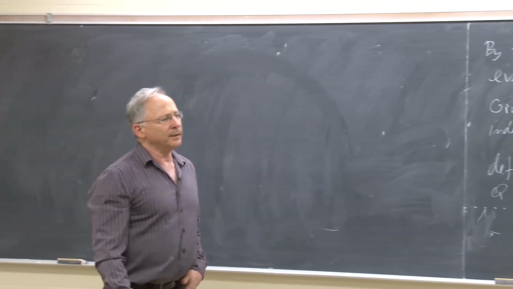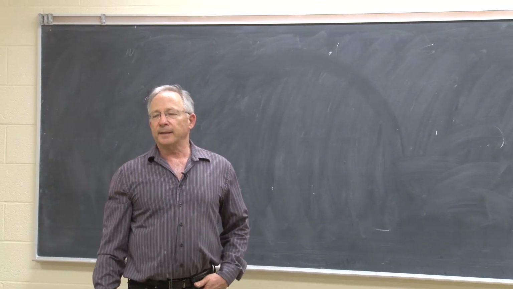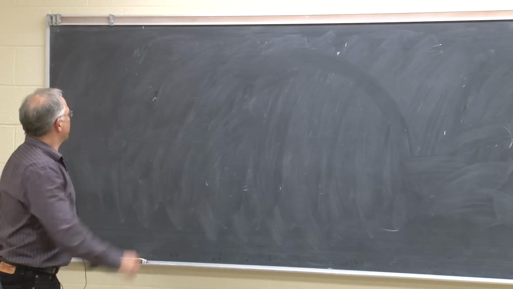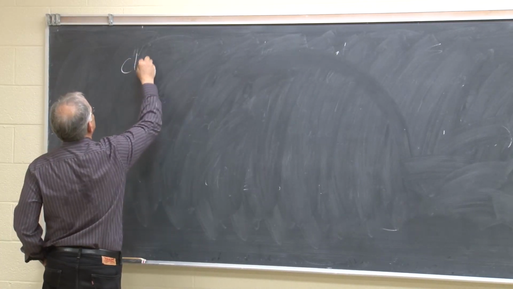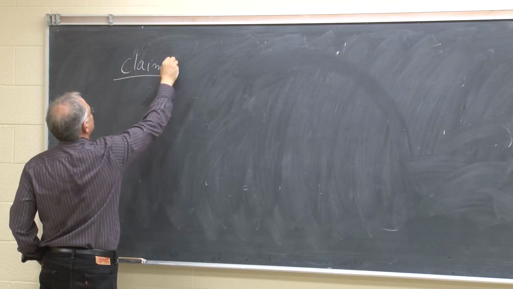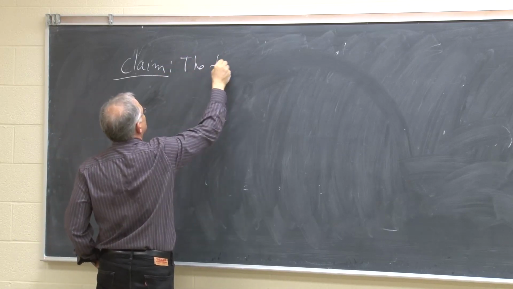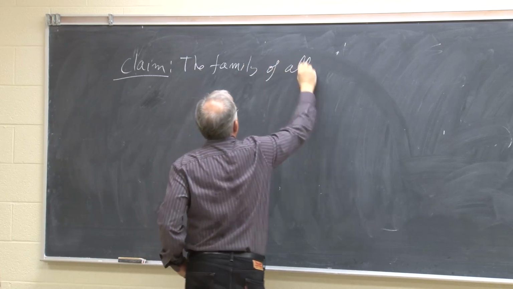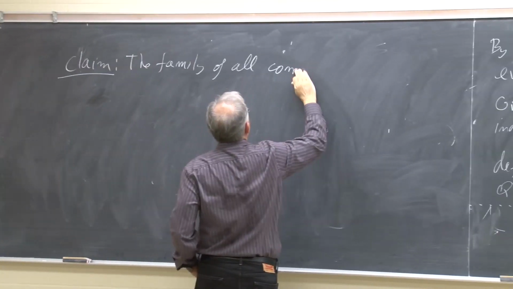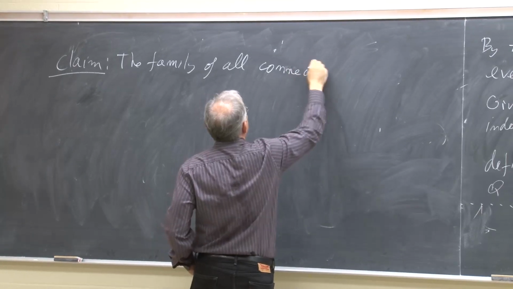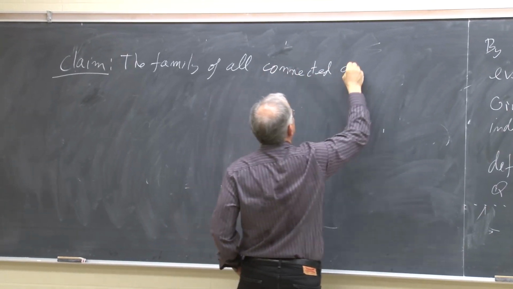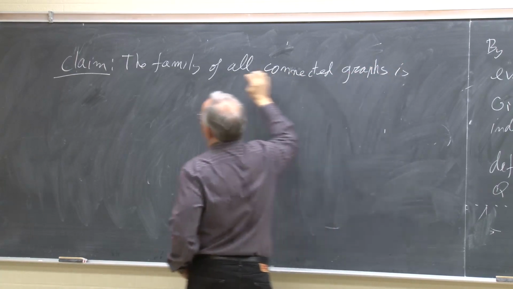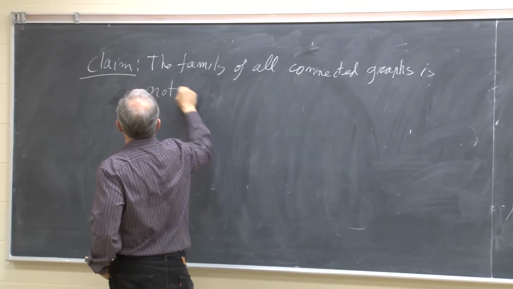So the statement I'm going to claim is of a very similar nature. Here the claim is that the family of all connected graphs is not definable.